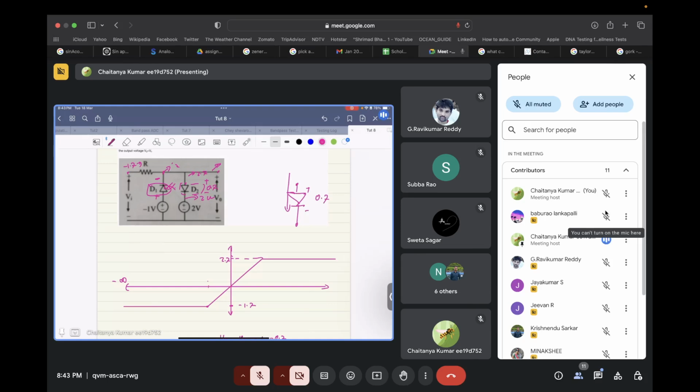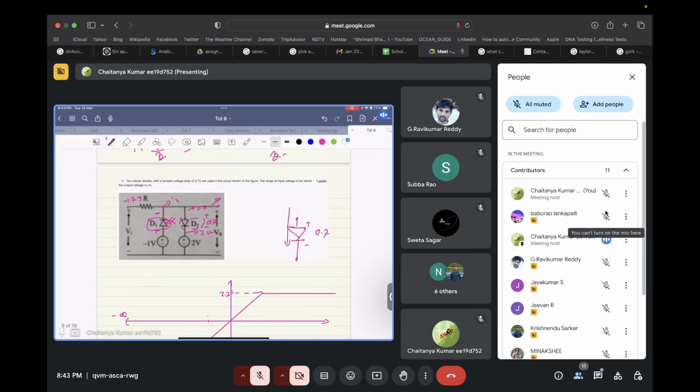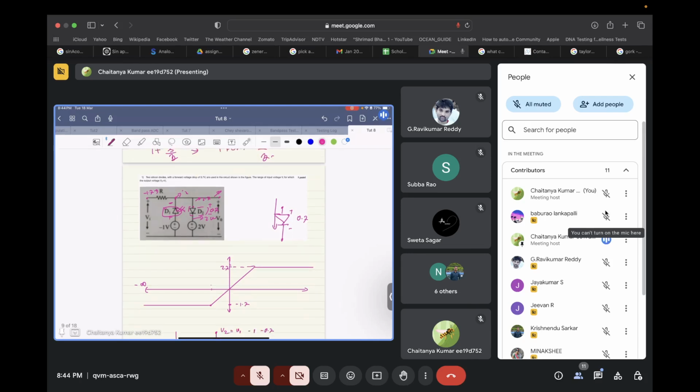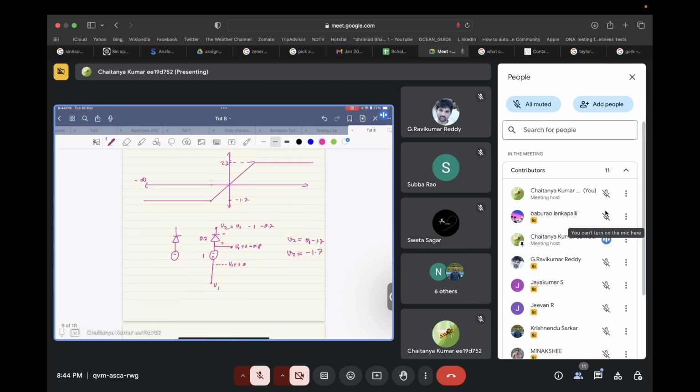So this is how the transfer function of this particular clipper circuit looks. For any input voltage between minus 1.7 and 2.7, the output will follow the input. But the moment our input voltage becomes larger than 2.7, it will get clipped up over here, and if the input voltage is lesser than minus 1.7, it will get clipped down. So let's say we had a sinusoid of amplitude 3 volts.